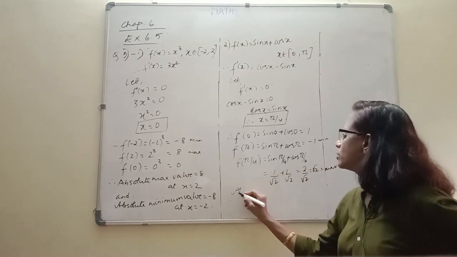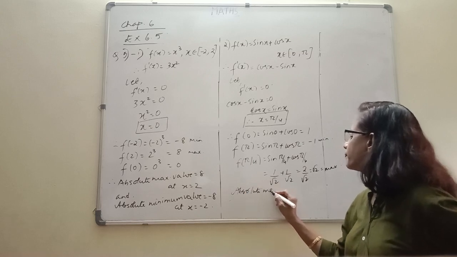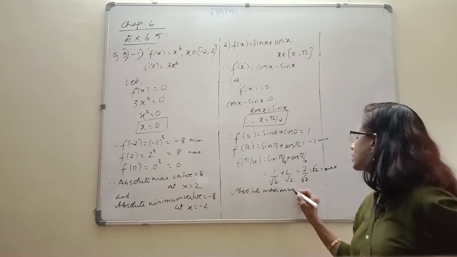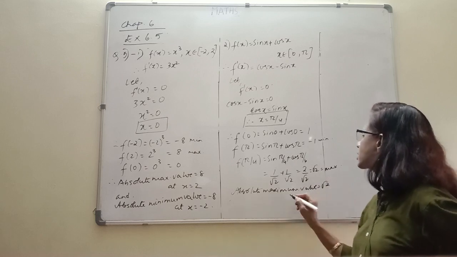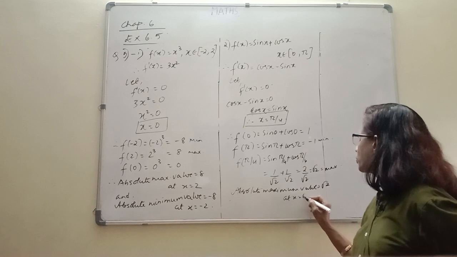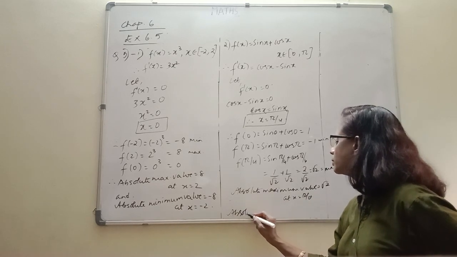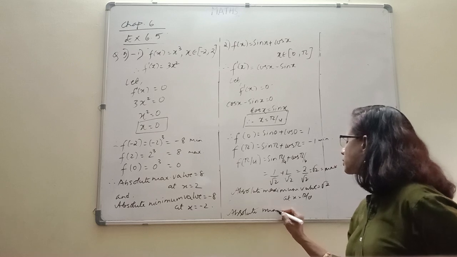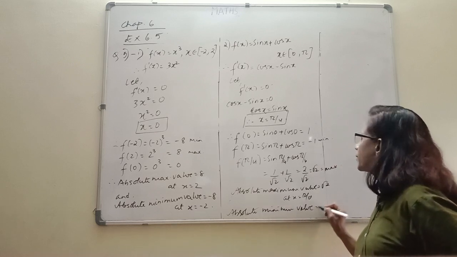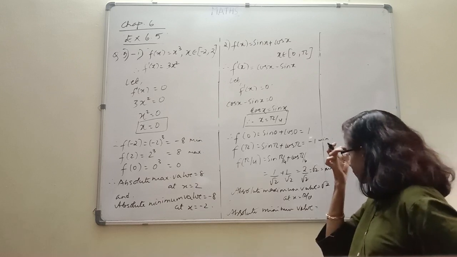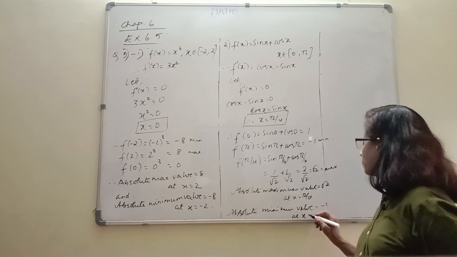So your absolute maximum value is going to be root 2 at x equal to pi over 4, and the absolute minimum value is negative 1, and that happens at x equal to pi.